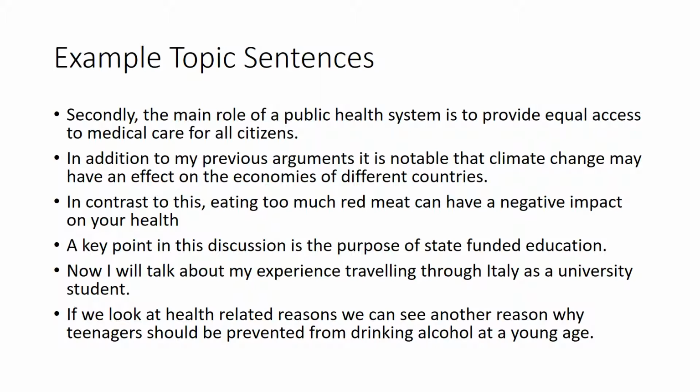In contrast to this, a previous discussion may have talked about the benefits or positives, or perhaps an alternative to red meat, so perhaps fish or white meat. But the main point is the signal, in contrast to this. And then we clearly say eating too much red meat can have a negative impact on your health. So we know that the next paragraph will discuss the negative impacts of red meat on your health.